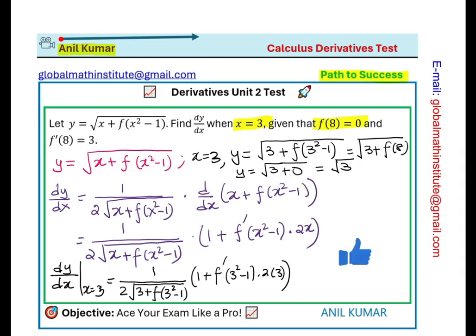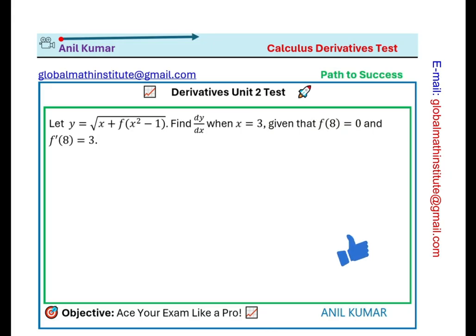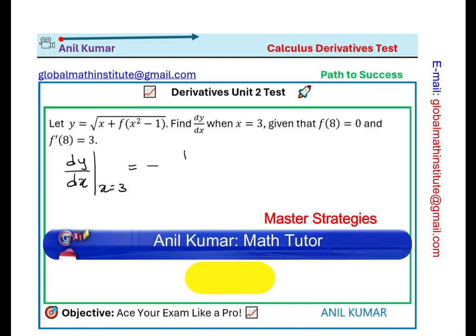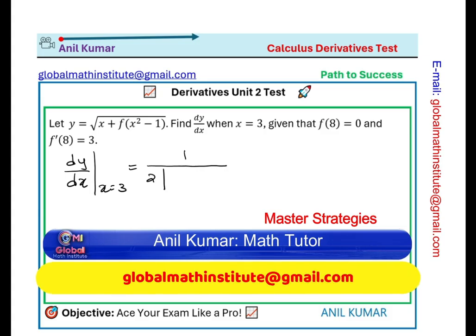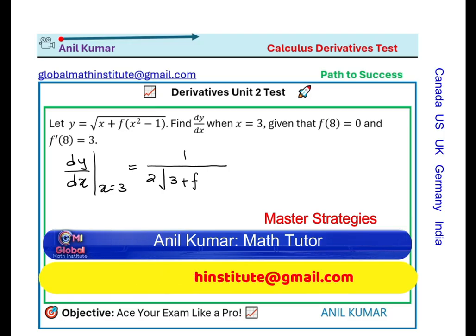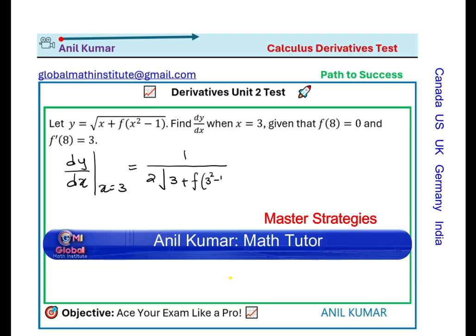It'll be better if we find dy/dx at x equals 3 equals 1 over 2 times square root of all this, x is 3. So we'll write 3 plus f of 3 square minus 1, correct?